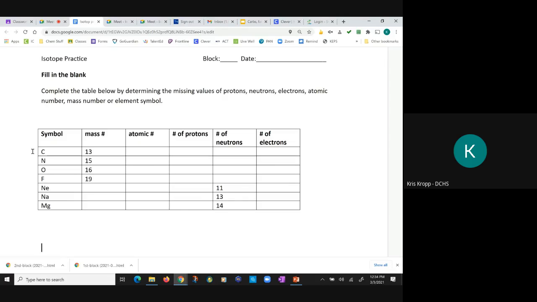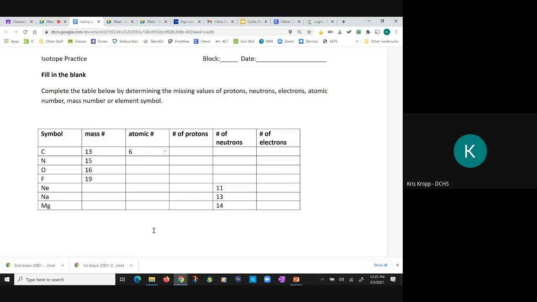What's the atomic number of the element C? Okay, I got a couple of responses in the chat box. Number 6. Come on, 6. There we go. Number 6. So we just read that right off the periodic table. The atomic number is 6.